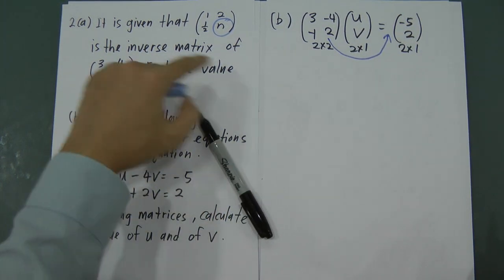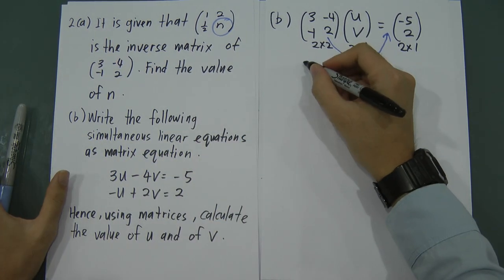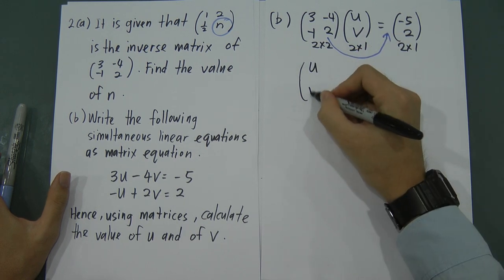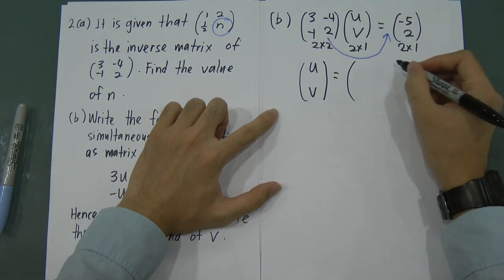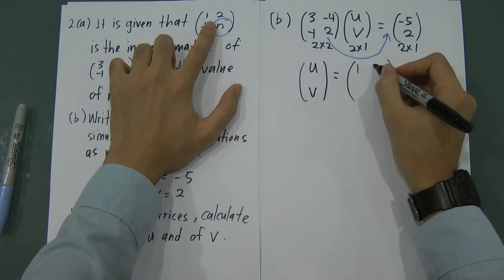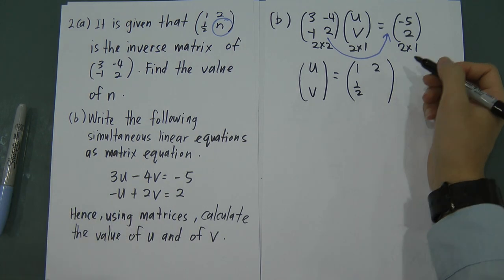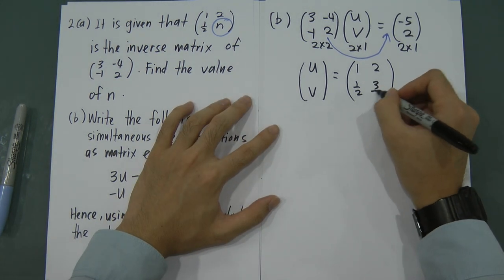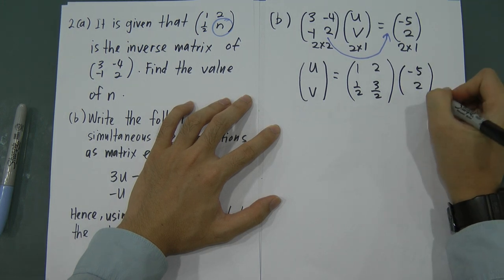So part B will be very simple. U V equals the inverse of this one, which we already found is 1, 2, half and n, which we found just now is 3 over 2, multiplied by -5 and 2.